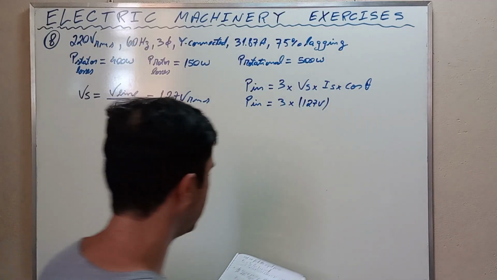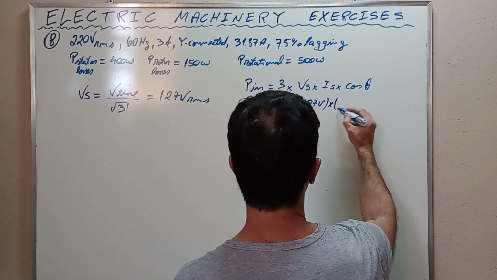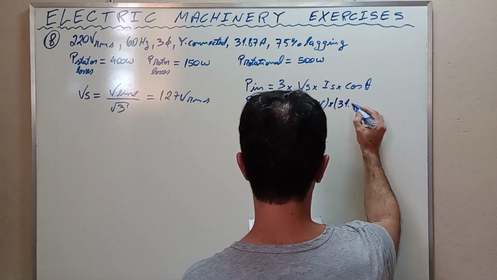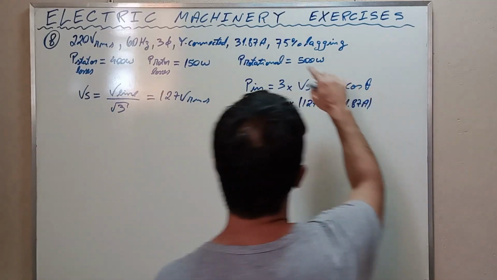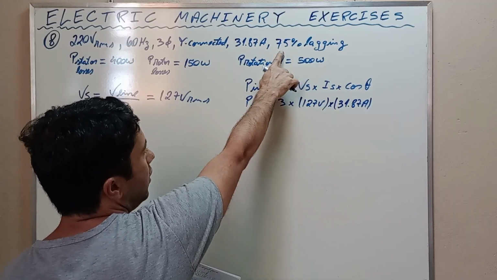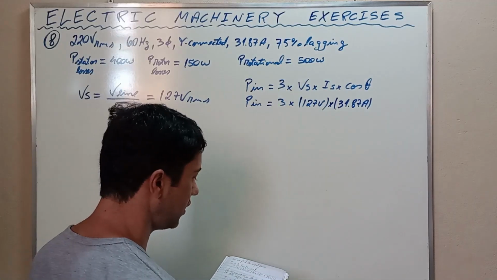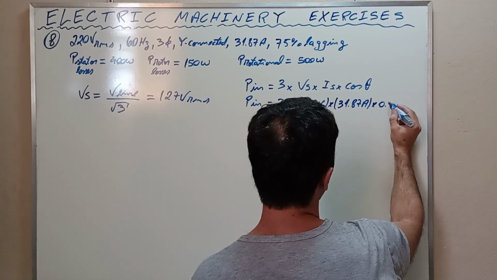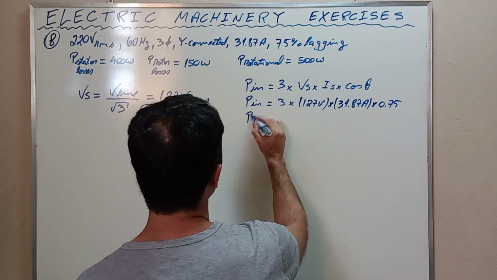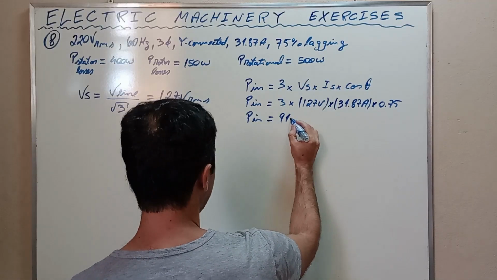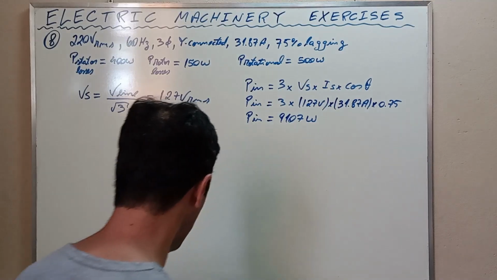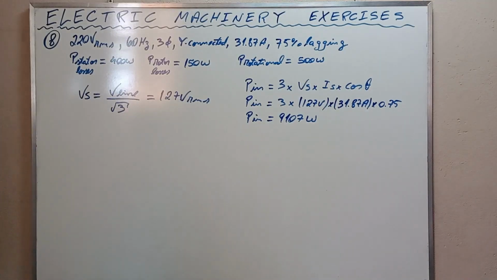And the current is 31.87 amps, and the power factor is 75% lagging, times 0.75, and then we find that the input power is equal to 9,107 watts.